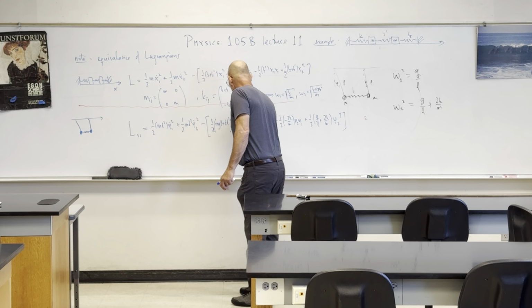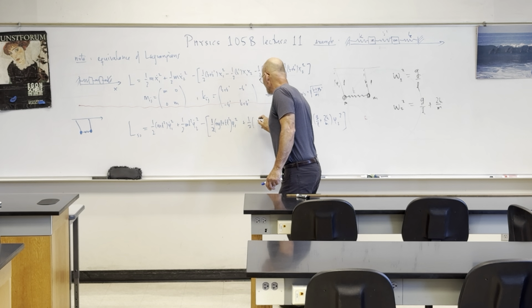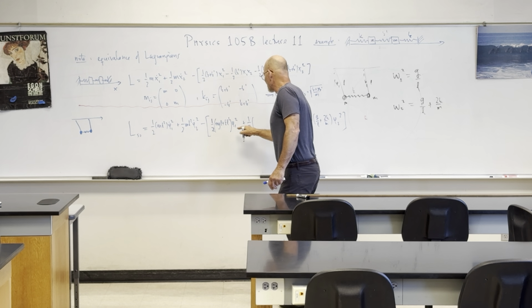Yes. And then what did we have here, the same thing without the MGL? KL squared plus MGL theta 2 squared. That was this one. I'm doing a different order, okay, it's fine. So, KL squared plus MGL theta 2 squared. Then yes, KL squared theta 1 theta 2.